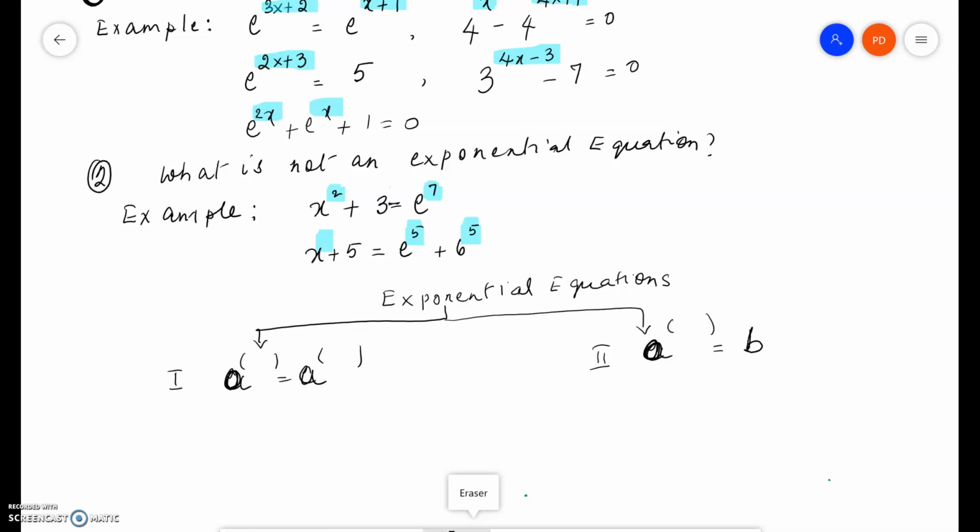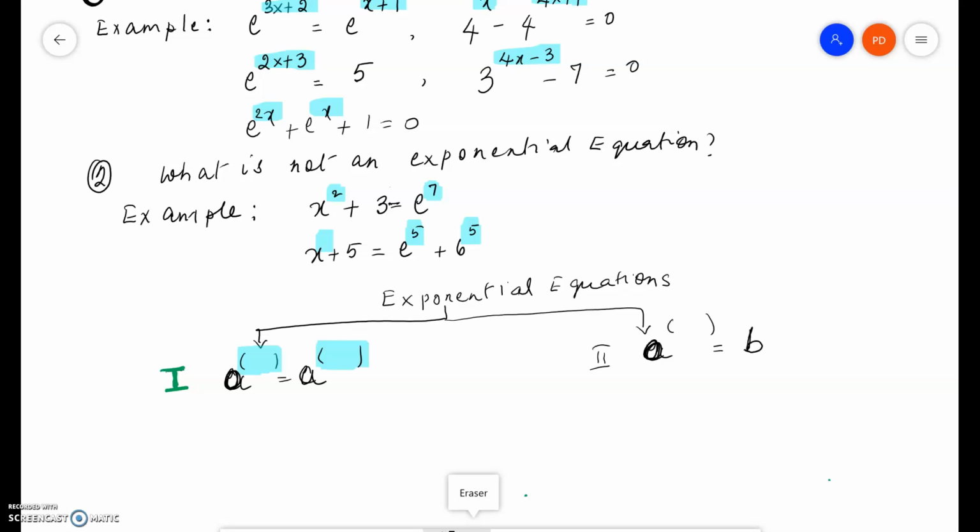Now the two main types of exponential equations we see here. The first type is when you can put the equation in the form a to the something equal to a to the something. A is the base, a can be any number. Let's assume it is an exponential equation, which means at least one of these exponents will contain an x or an unknown, whatever the unknown is called.